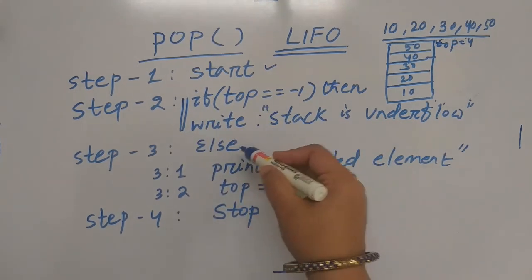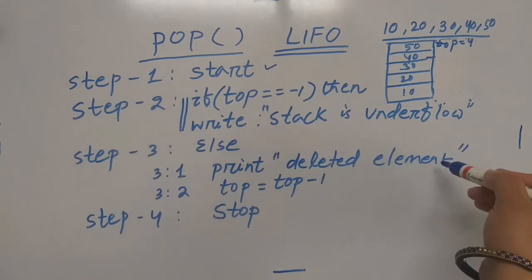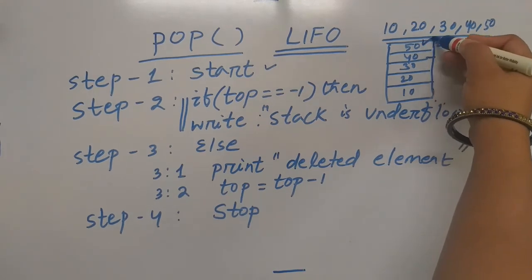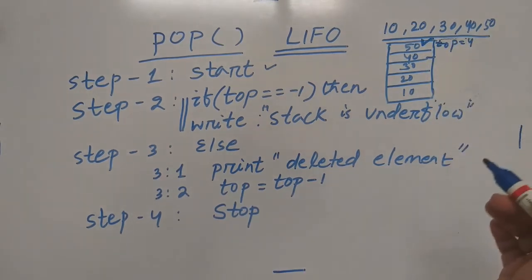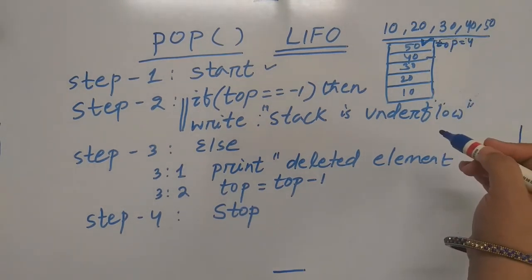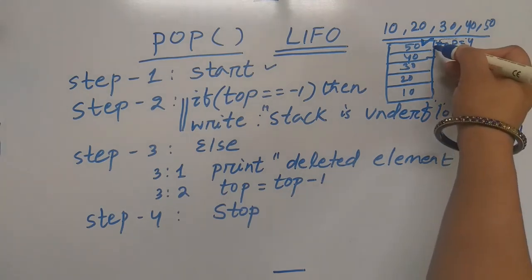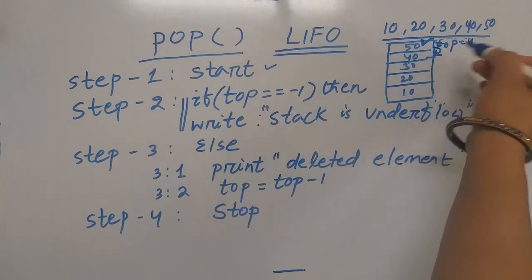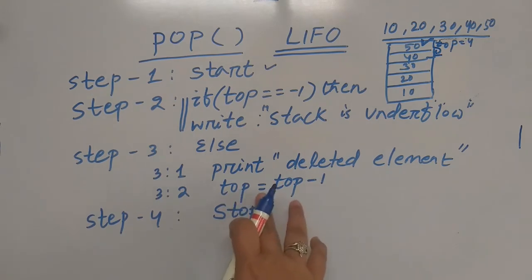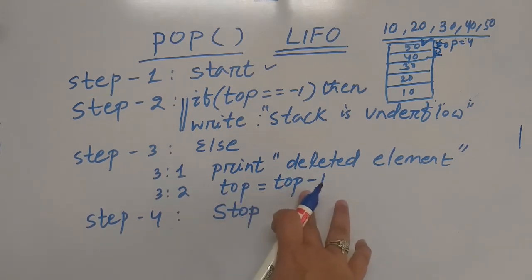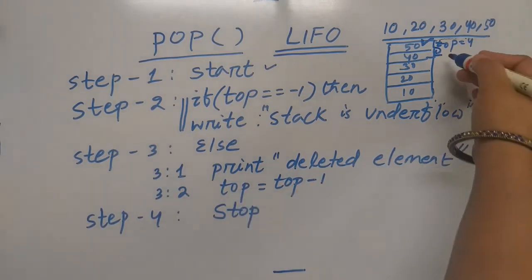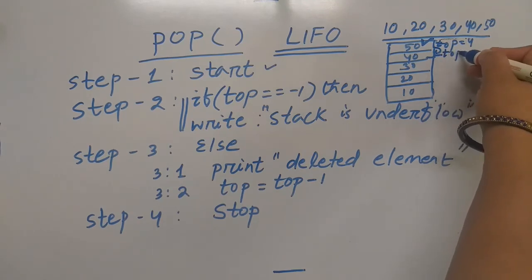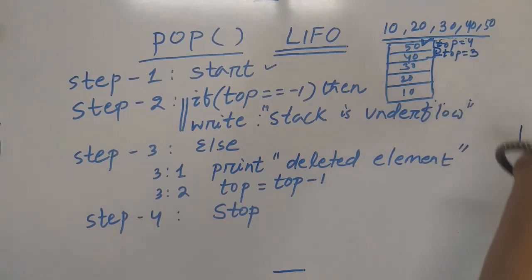Else, print the deleted element. This top element we want to delete, so print that deleted element, and then top is decremented by top minus 1. So top is decremented by one position. Now the top is indicating this position where the value is 3.